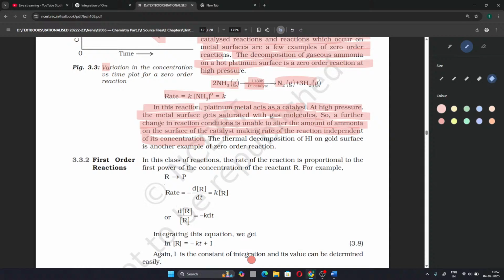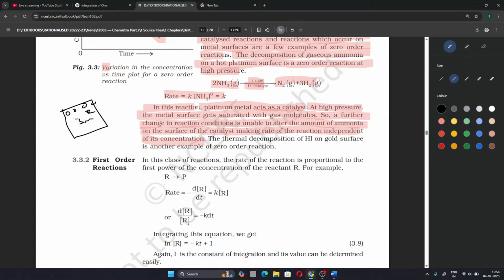Basically, the zero order decomposition of ammonia is independent of the concentration of ammonia because at high pressure, ammonia gets concentrated on the metal surface. Many molecules of ammonia get saturated at the surface of the metal. For example, say the metal surface is around 3 meters square and ammonia is decomposing under high pressure.